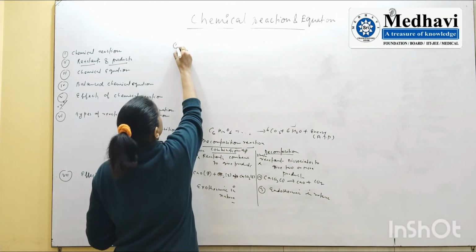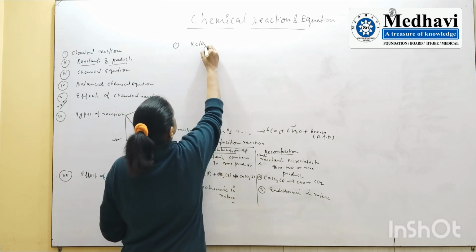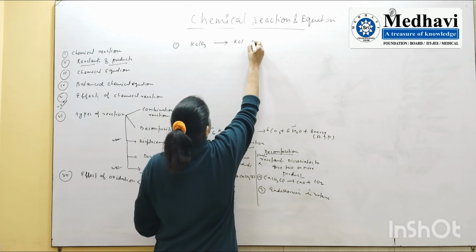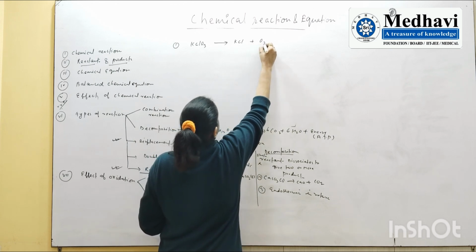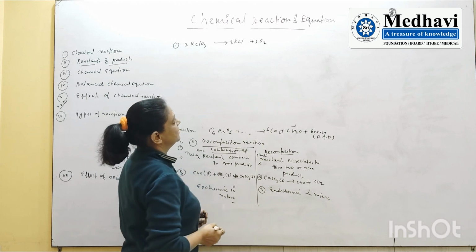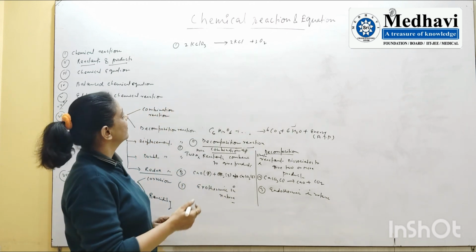First is potassium chlorate, which breaks to give potassium chloride plus oxygen gas.